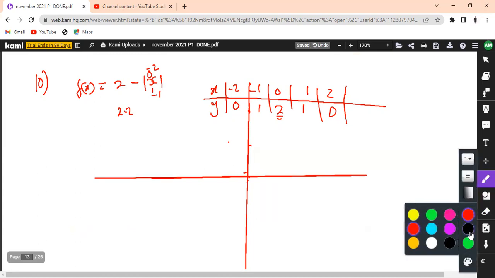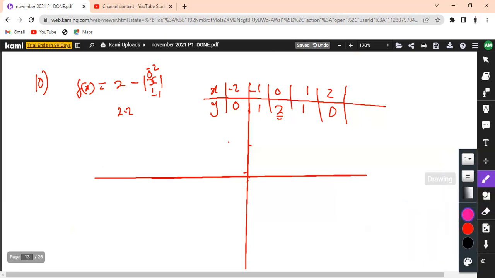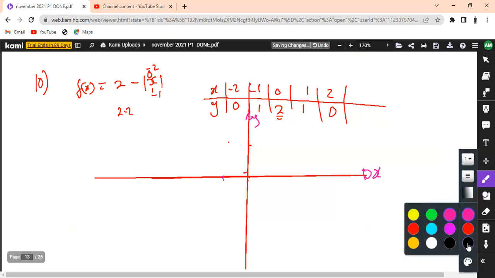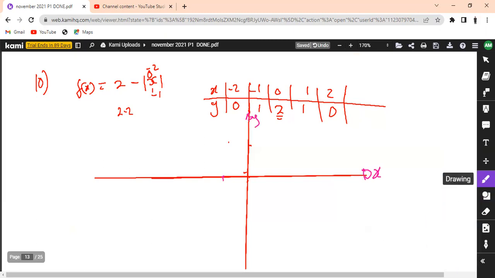And let's just put our points, or you can just have our x and y axes here. Our y-intercept definitely is going to be at 2 here, and it crosses, so it's going to be like this, and another one like this.